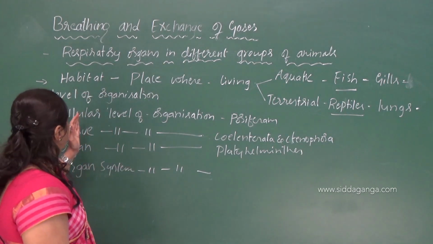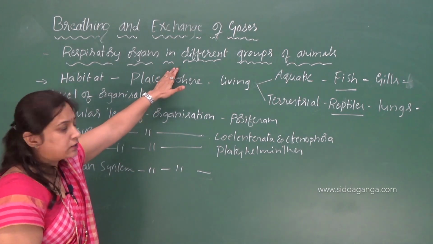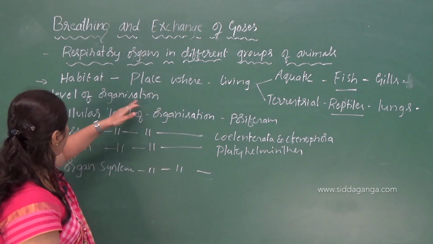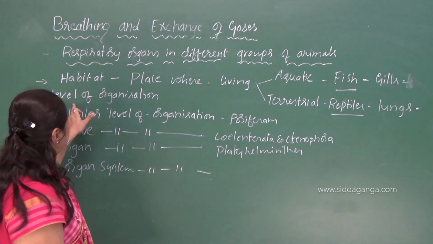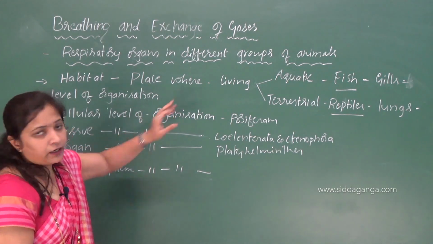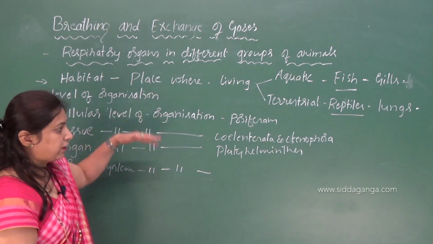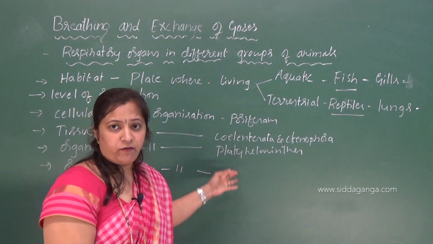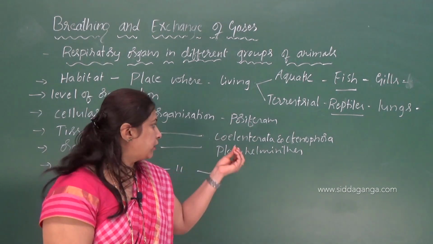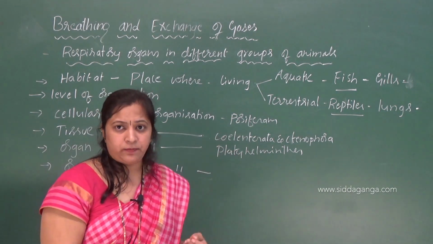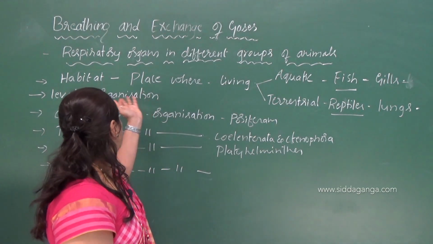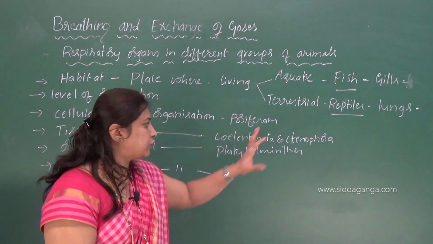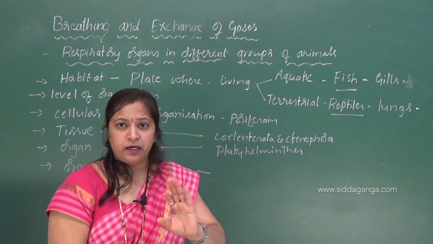So mainly the nature of respiratory organs and the mechanism of breathing depends on the habitat and the level of organization in animals. So you don't bother about the level of organization and different phyla, the characteristic features of different phyla and the animals of respective phyla. All these terminologies like level of organization in animals you will learn in another chapter, that is animal kingdom.